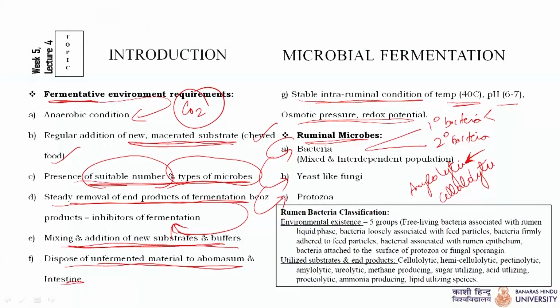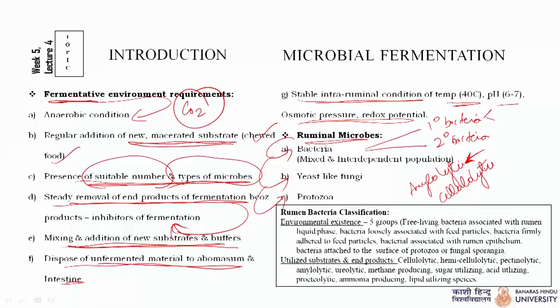That type of bacteria are amylolytic bacteria. Then cellulolytic bacteria are essential to hydrolyze the cellulose compounds present in the food or the feed. You can say cellulolytic includes the hemicelluloses and other compounds also.